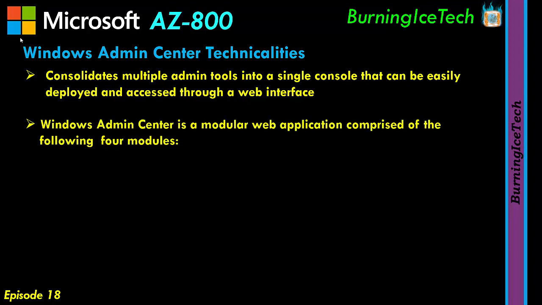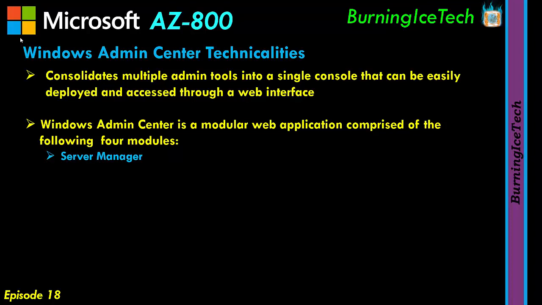The Windows Admin Center is a modular web application comprised of the following four modules. The first of which is Server Manager, which most of you folks should be familiar with already. If you've worked on a server before, which is probably the case, it's already going to be a lot easier for you to use the Admin Center.